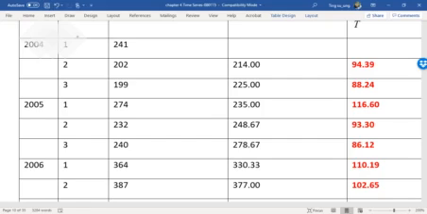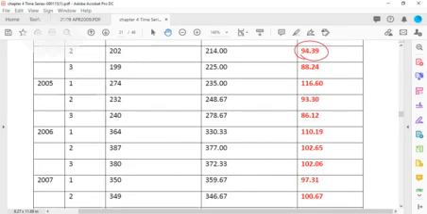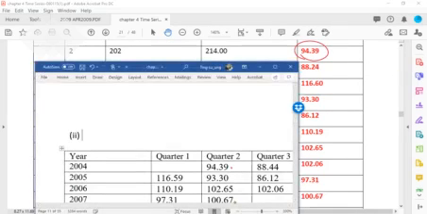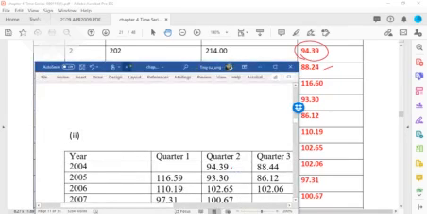Now obviously they have no data allocated under the first quarter of 2004, right? So the starting point is the second quarter 2004. So you just copy back. Can you see or not? Again 2004 quarter 2, you have 94.39, so you just write down 94.39. The third one is 88.84, right? So you just fill in the blank.